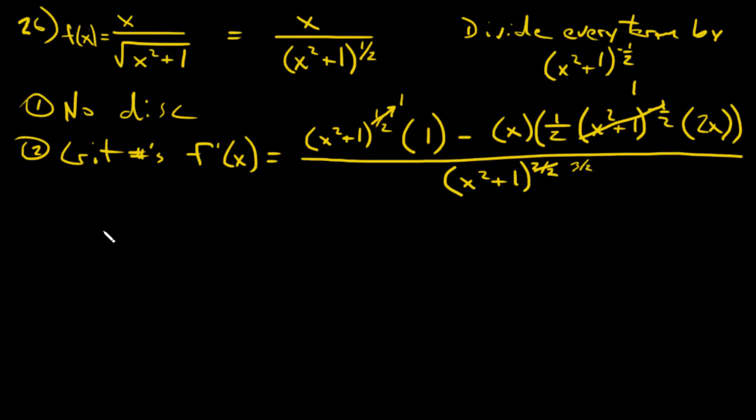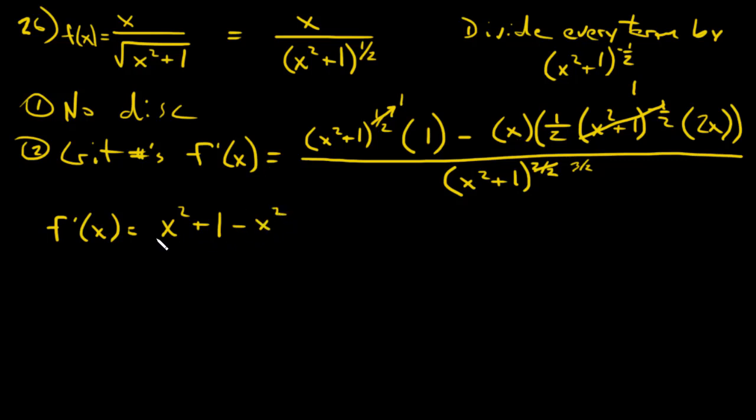Okay? So when the dust settles, I'm going to have f prime of x is equal to, this is to the first power, so it's just x squared plus 1, like that. And then over here, I'm going to wind up with 1/2 times 2x, which is just x, times x, it's just x squared.